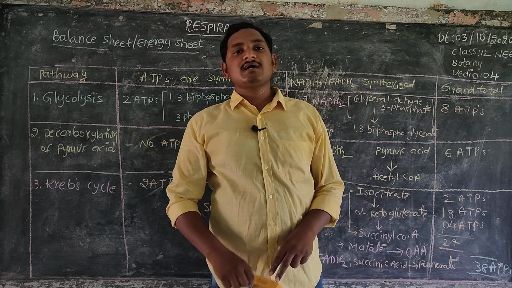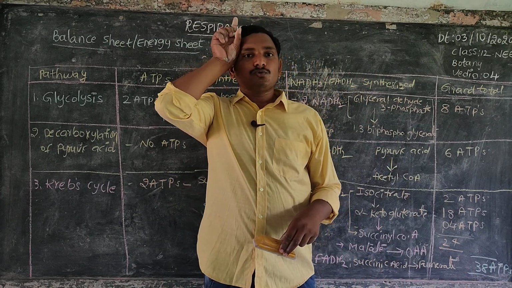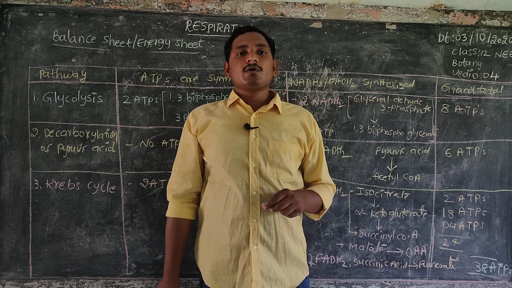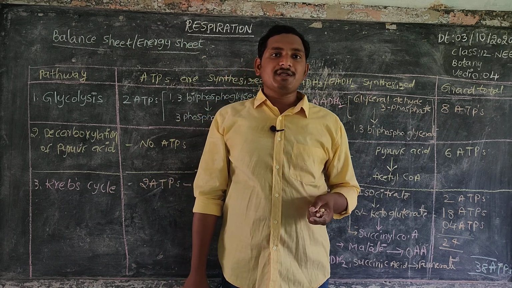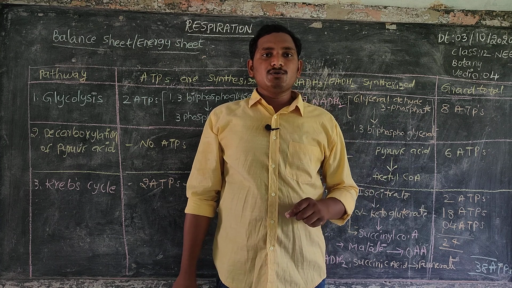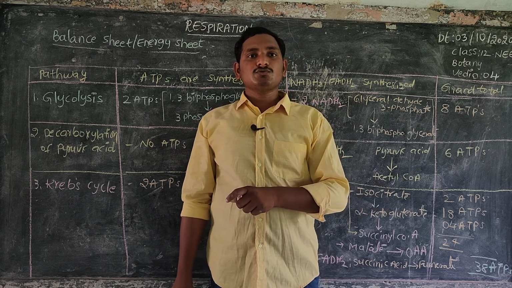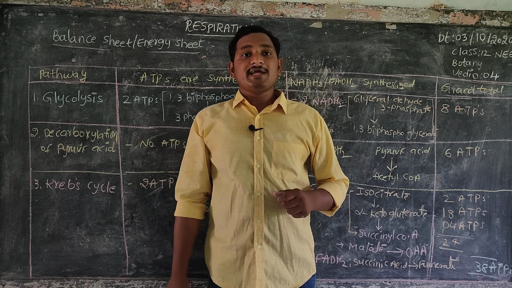These 2 ATPs are expenditure to send NADH into the mitochondrial membrane. The mitochondrial membrane is impermeable to NADH2. NADH2s are not allowed through the mitochondrial membrane.